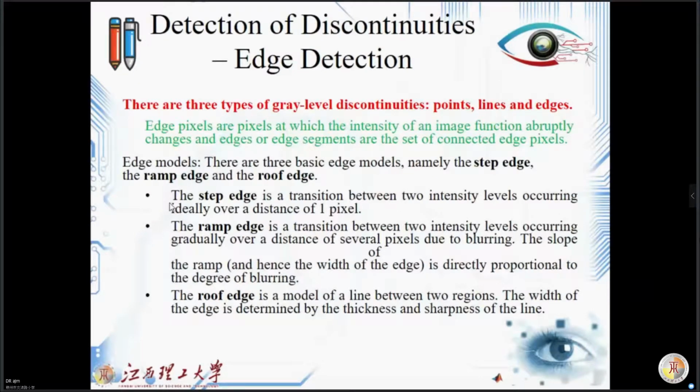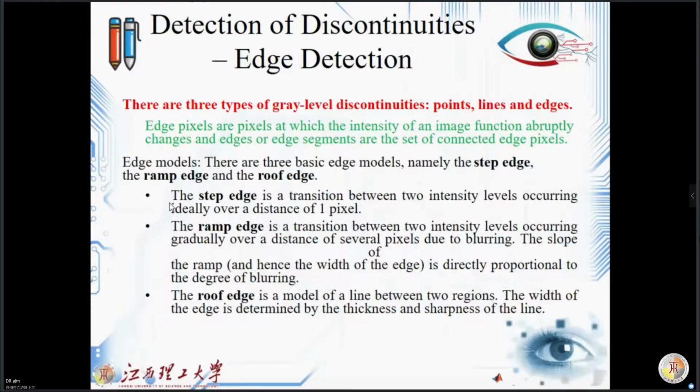And the roof edge is the model of a line between two regions. The width of the edge is determined by the thickness and sharpness of the line. And what do we understand now? We understand that edge detection in the gray level discontinuity method will be specified by the three concepts of step, ramp, as well as roof edge.